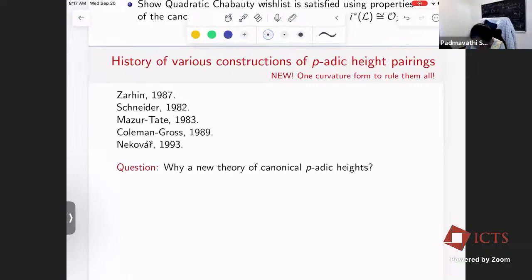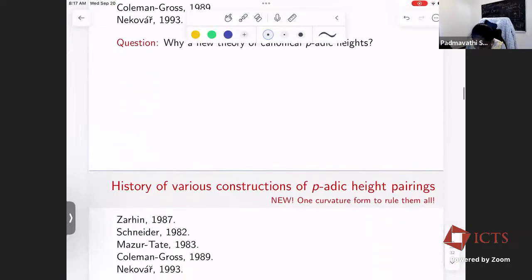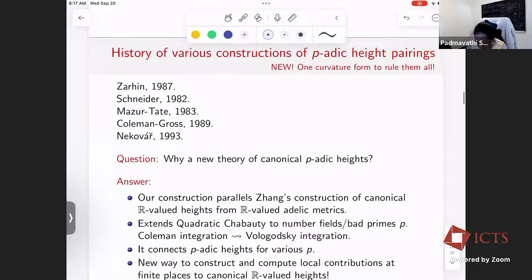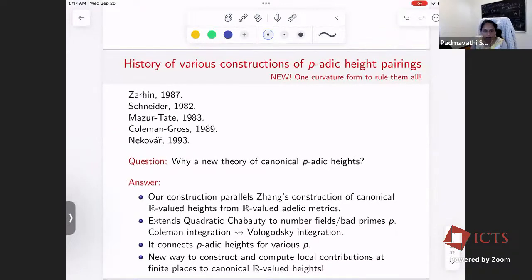There are a few nice features of this new construction. One thing is that these various previous constructions of p-adic heights all felt a little different from the construction of real valued heights. Néron-Tate heights, real valued heights for abelian varieties, have been around for quite some time. So our goal was to build a theory of p-adic heights that very closely mimics the classical theory of Néron-Tate heights.